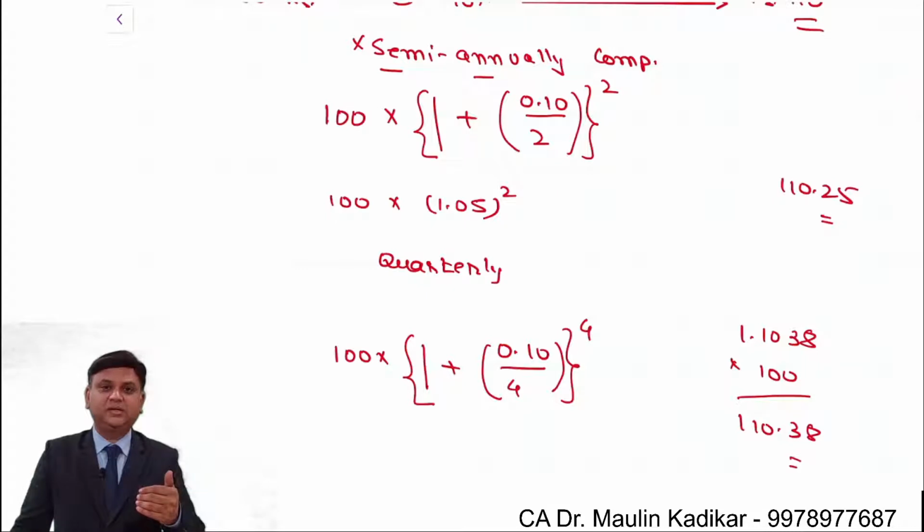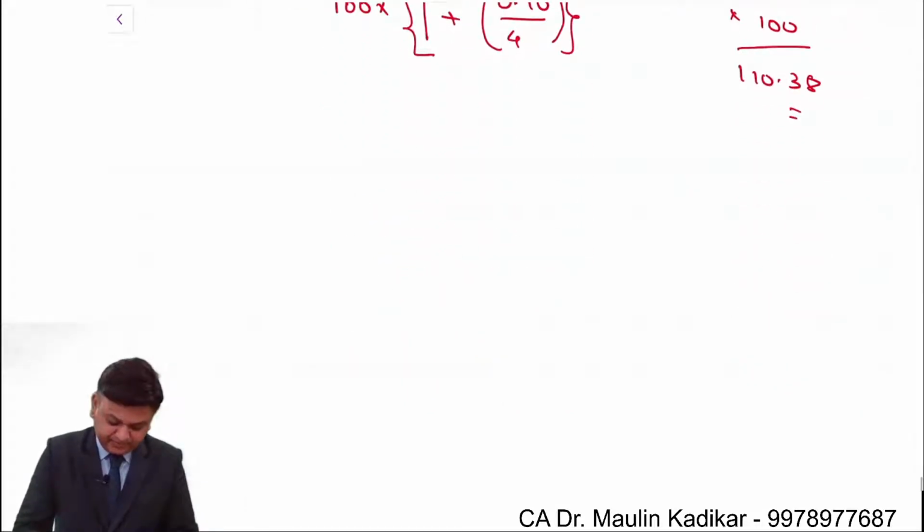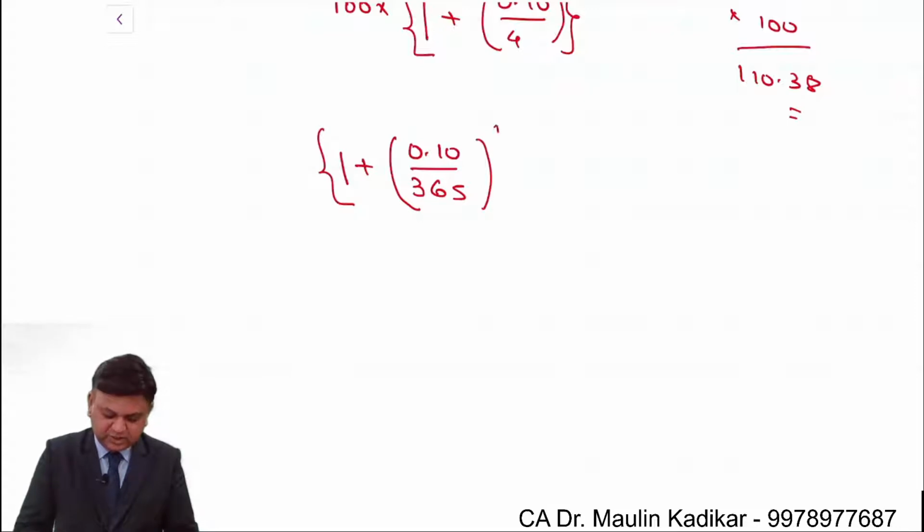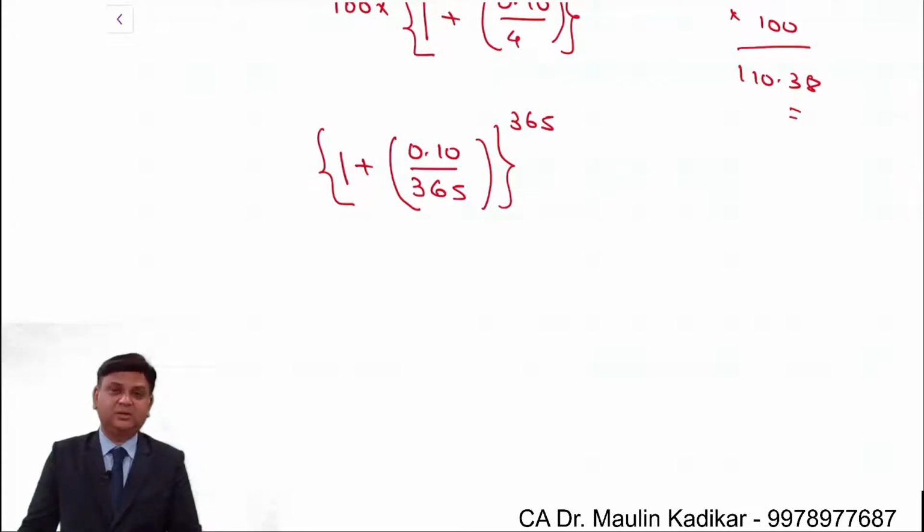If it is, let us say, monthly, the maturity will further increase. If it is daily, then it will further increase. In case of daily, what will happen? 1 plus I divided by 365, raised to 365. This is the way we will make the calculation.